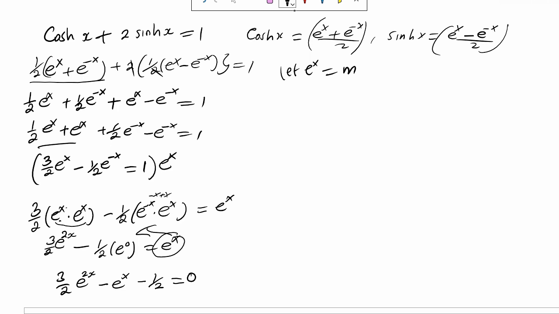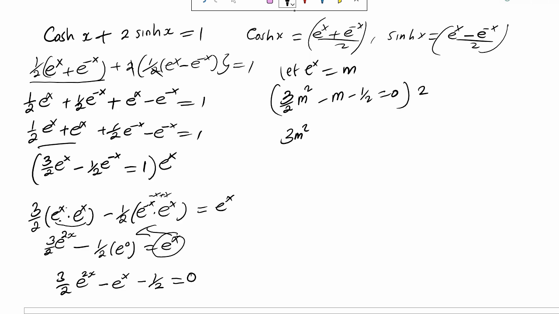The final equation becomes 3 over 2 m squared minus m minus a half equals 0. So this is the quadratic equation we are going to be solving. And if I multiply through by 2, I shall have 3m squared.